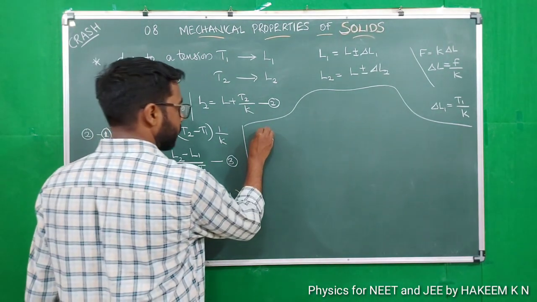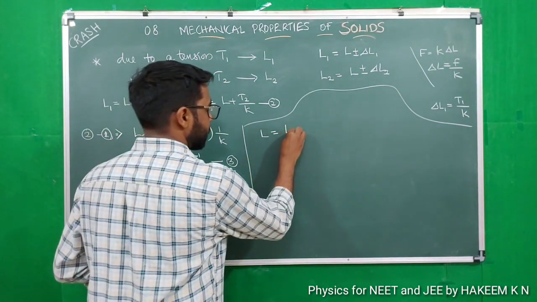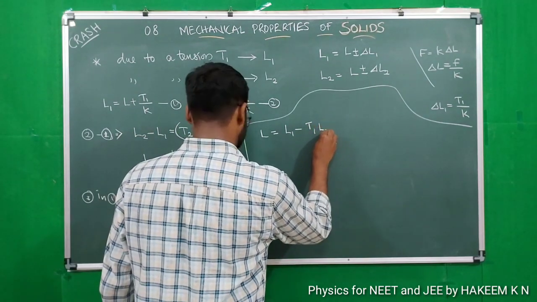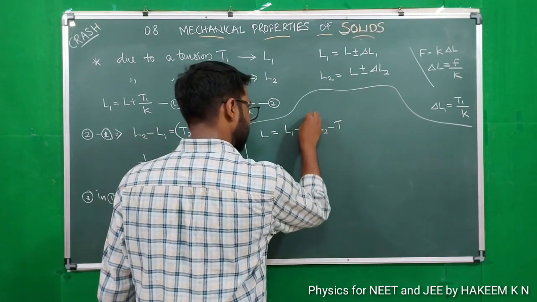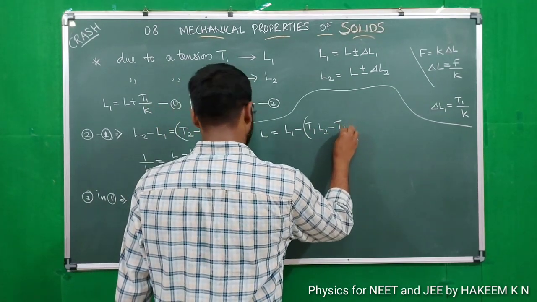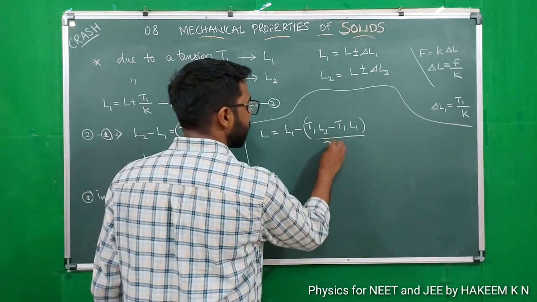So we will get L equal to L1 minus T1 (L2 minus L1) divided by T2 minus T1.